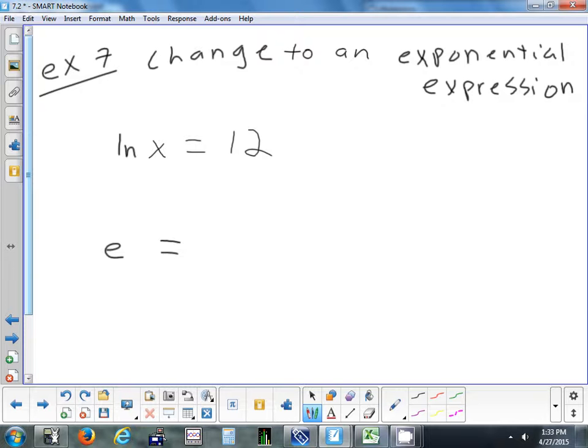Yep. Logarithm always equals the exponent. X is the only thing that's left. Any questions on that? This is starting to get really big, probably in the hundreds of thousands. I wouldn't have you do that up. Just leave it like that.